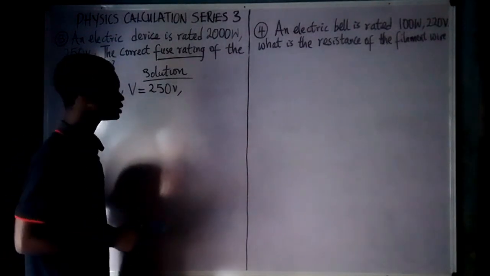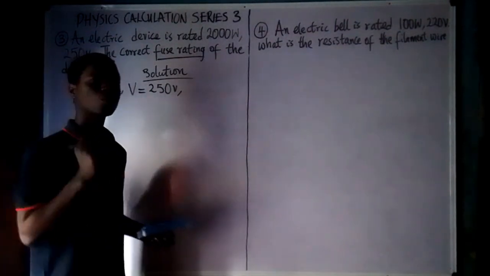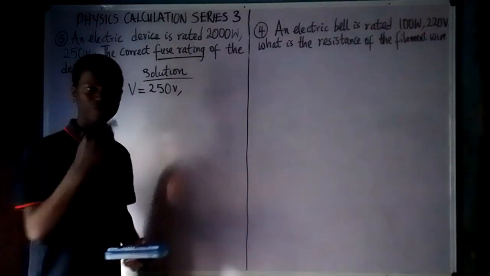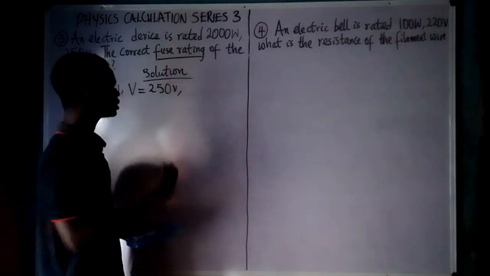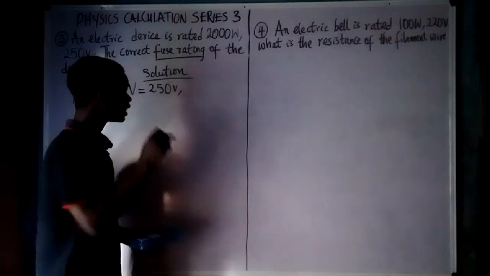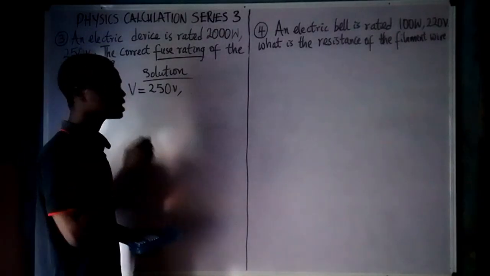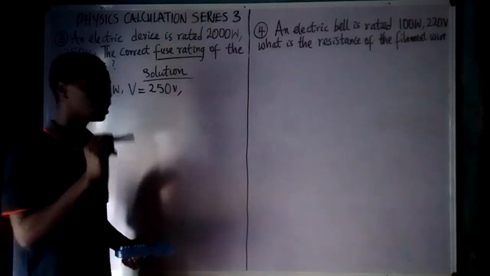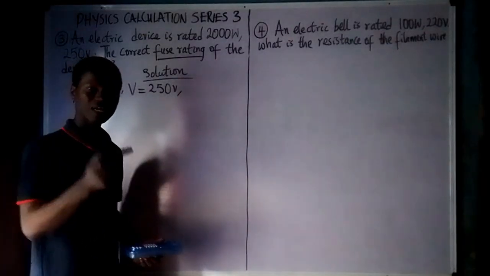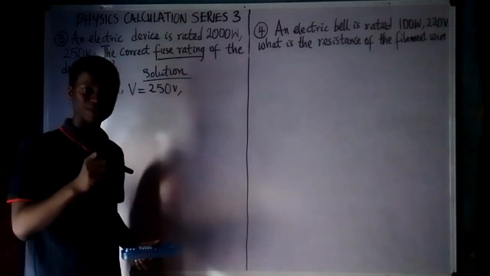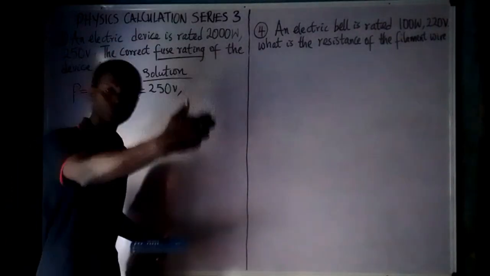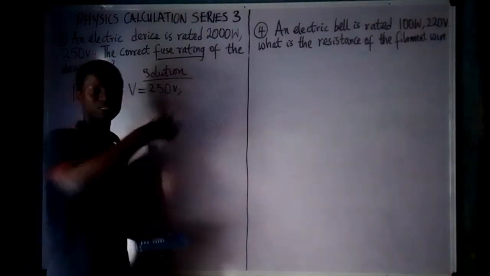Now the question says the correct fuse rating of the device is, so we are asked to find the fuse rating. But come to think of it, what do they really mean by the word fuse rating? A fuse is an instrument that is attached to most electrical appliances that determines the maximum amount of current that can be allowed into that appliance. So in this place, we are asked to find the maximum current that the fuse can allow.